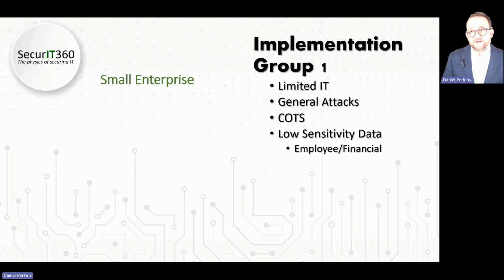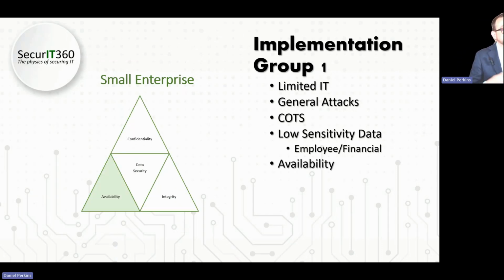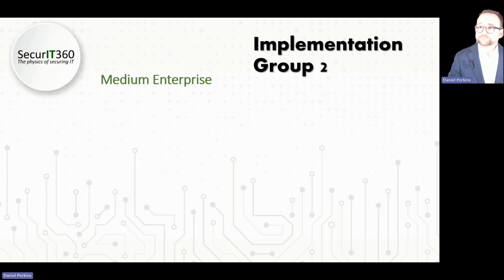They also primarily have a low sensitivity of data. And the focus here is around availability when we think about the confidentiality, integrity, and availability triad around data security. Here we're focused on keeping things available and online, keeping our business moving in group 1. And you're going to see that as we look at the groups today for the various controls.